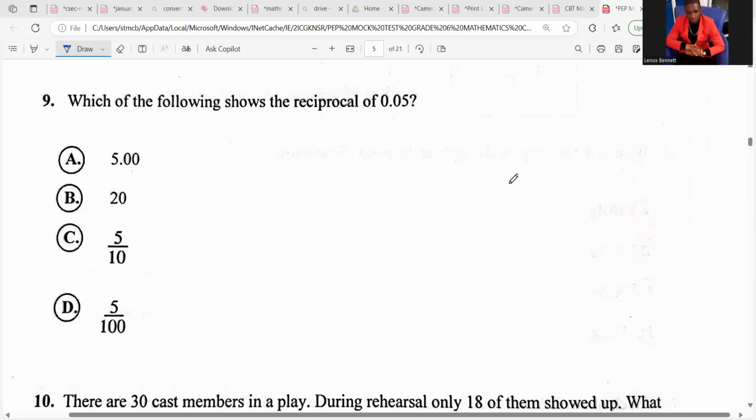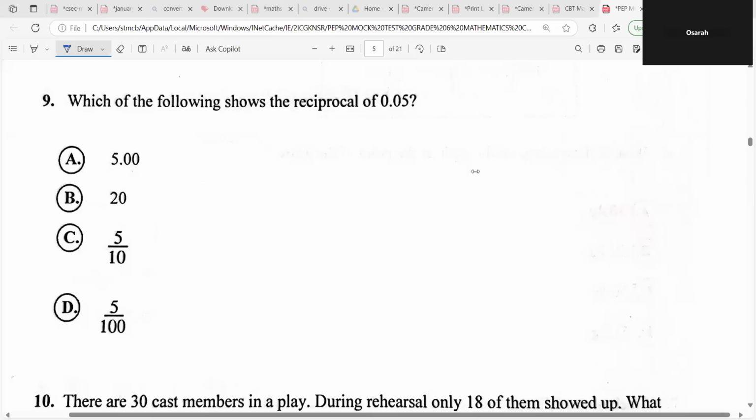Go ahead, Osira. Sir, the answer would have been D, because it said which of the following shows the reciprocal of 0.05. In order to change it to the reciprocal, you would have to change the 0.05 to a whole number.